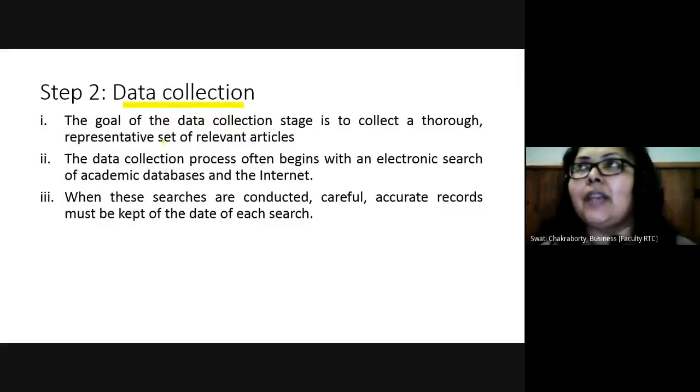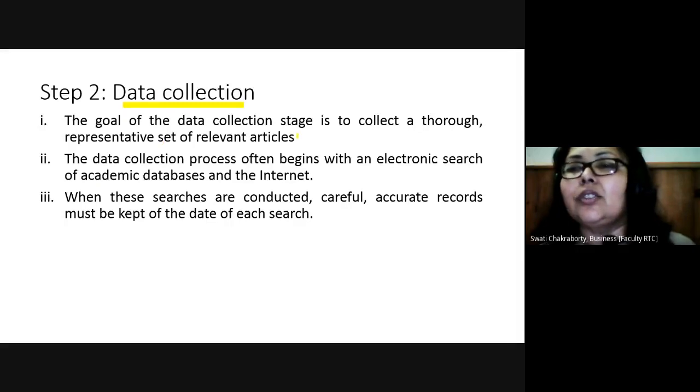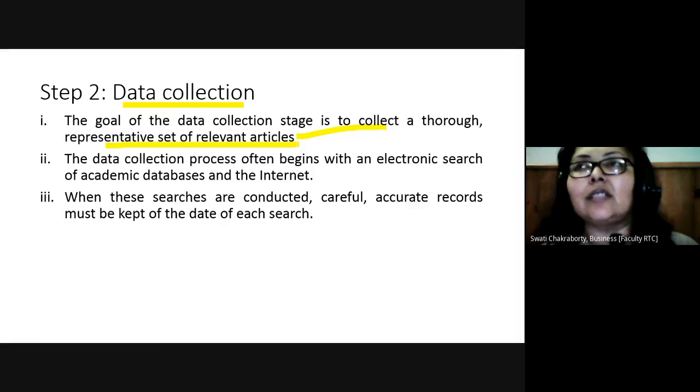The main goal of collecting data is to collect a thorough, representative set of relevant articles related to your research topic. How do you do this? The process starts with an electronic search of the academic databases on the internet.